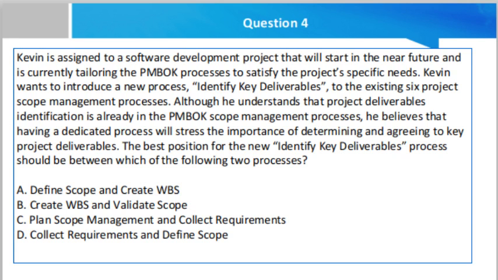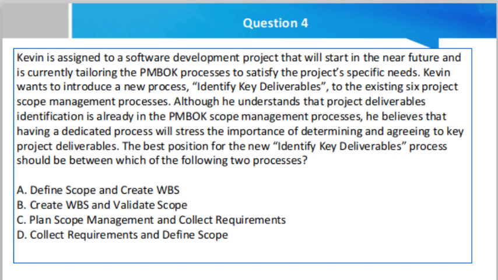Question number 4. Friend, Kevin is assigned to a software development project that will start in the near future and is currently tailoring the PMBOK process to satisfy the project-specific needs. Kevin wants to introduce a new process, Identify Key Deliverables, to the existing 6 project scope management processes. Although he understands that project deliverables identification is already in the PMBOK scope management process, he believes that having a dedicated process will stress the importance of determining and agreeing to key project deliverables.